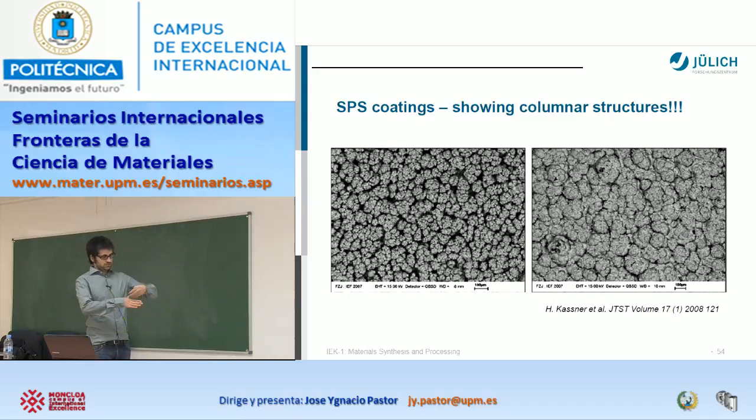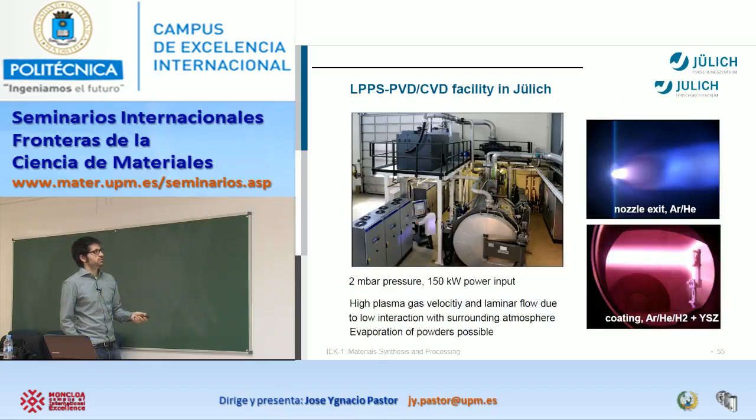This columnar, this is just the top, if we look like here, that we process with this chemical vapor deposition facility in Jülich, that only works at 2 millibars pressure, that is a really low pressure.